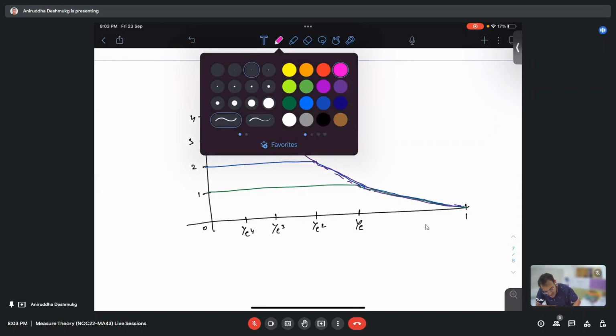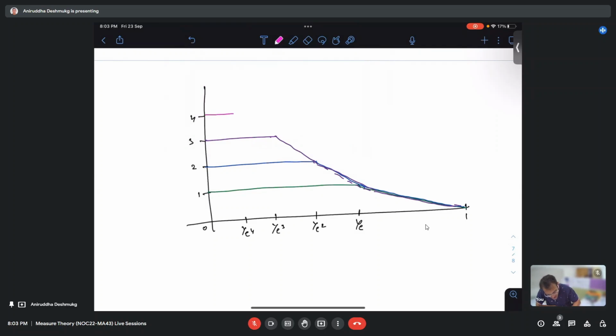And the fourth function is 4 from 0 to 1 by e to the power 4, and again it comes down using minus log x, and then matches the previous functions. So all in all, as one can see, these rectangles get smaller and smaller in width, but their height keeps on increasing, and the function sort of takes the form of minus log x as we increase our n.